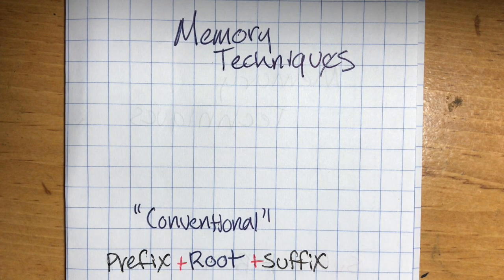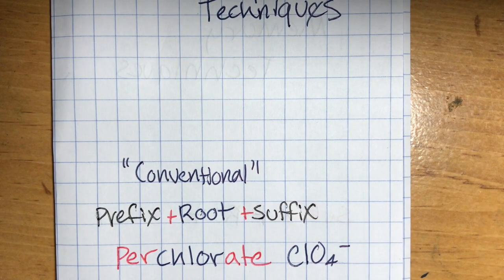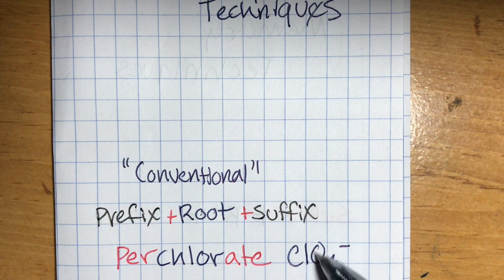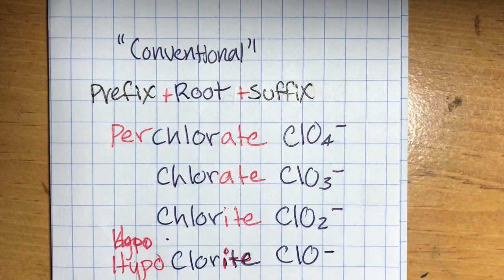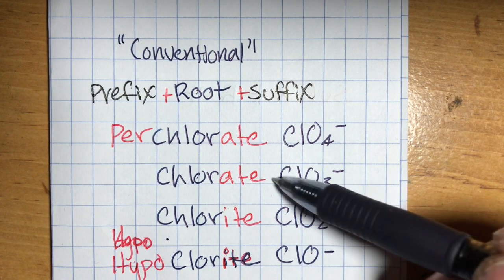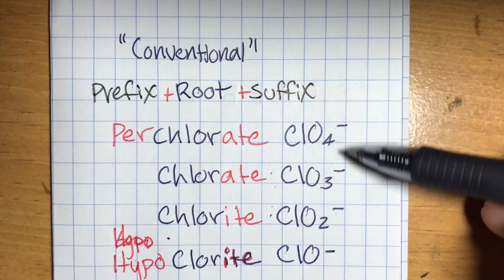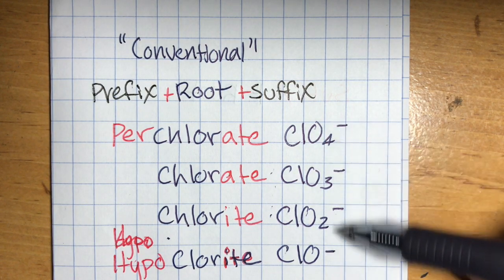So if it has, for example, a per and it ends with an ate, so perchlorate, it will have 4 oxygen atoms. The idea is if you memorize the ate or the ite, you will be able to know how many more oxygens or how many less oxygens there are.